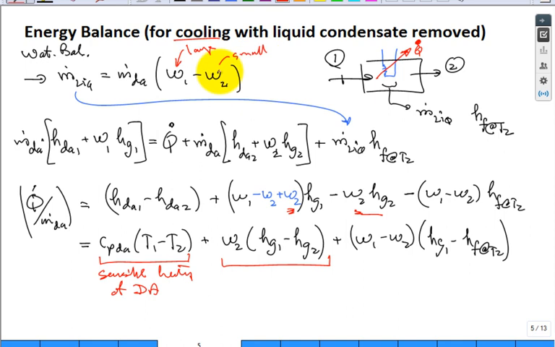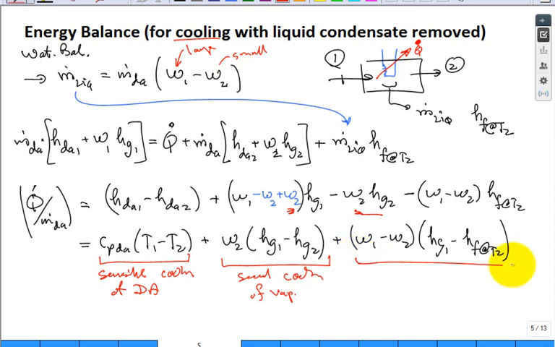What does omega 2 represent? It represents the vapor that started in the inlet stream and exited at the exit stream. It was vapor the whole time. So this is the sensible cooling, I should say cooling not heating, of the vapor that stayed vapor. It didn't condense.